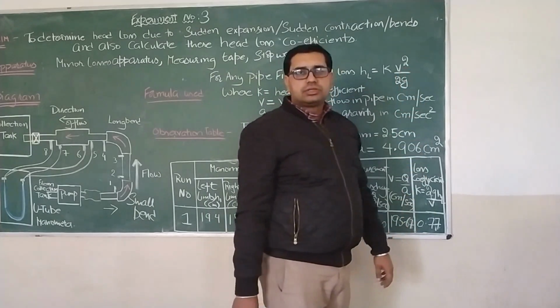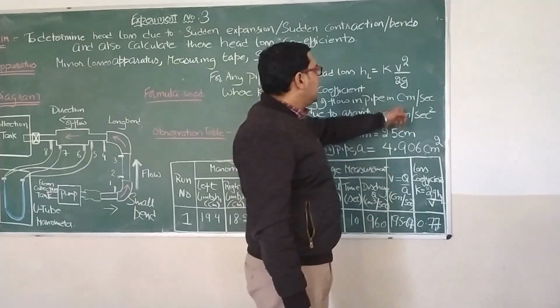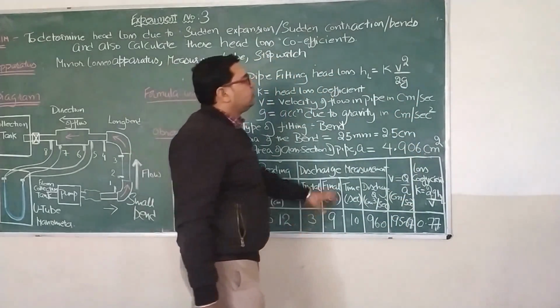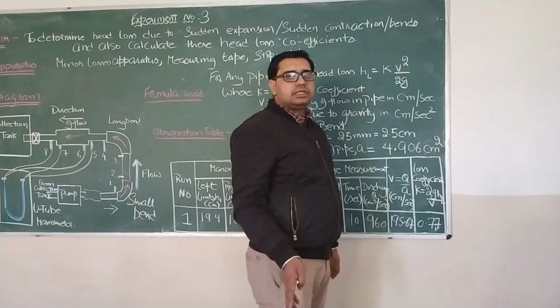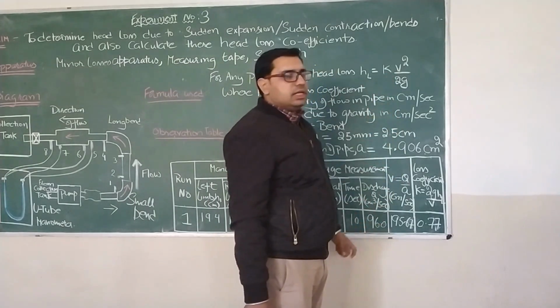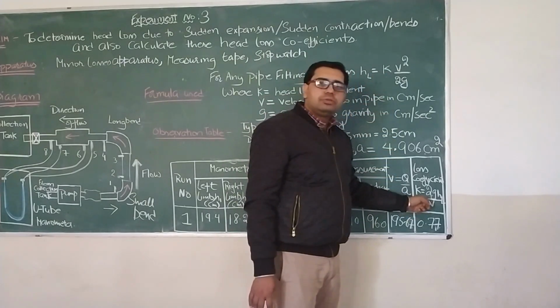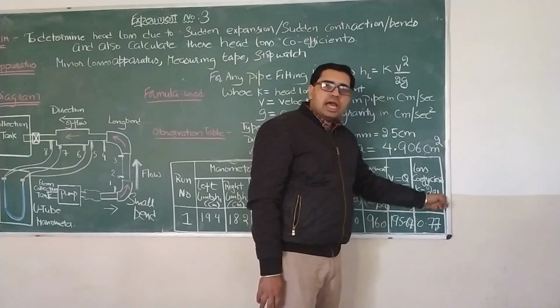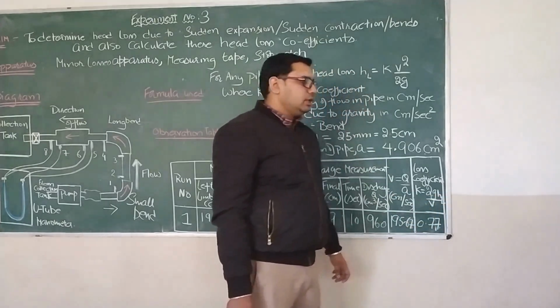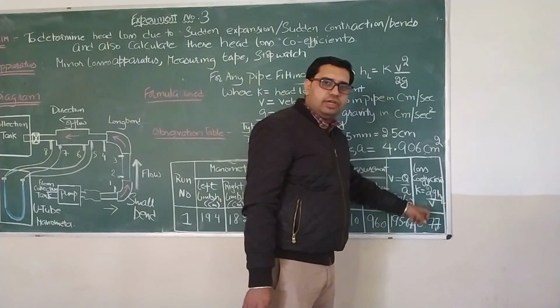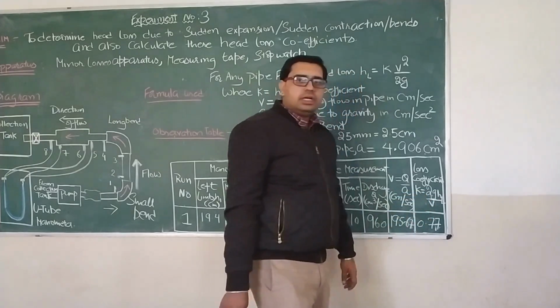V is the velocity through the pipe, and G is the acceleration due to gravity. If you manipulate this formula to calculate K, it will get converted to K equal to 2G HL upon V square. And if you substitute the values of G, HL and V, you will get the value for K.